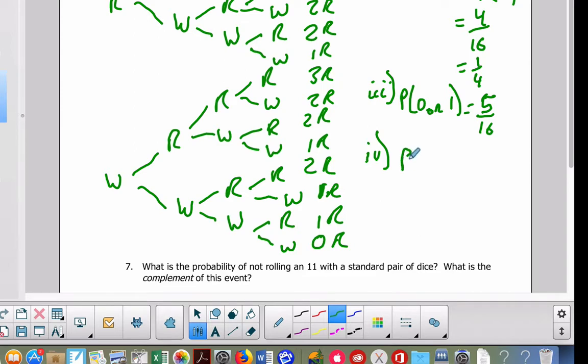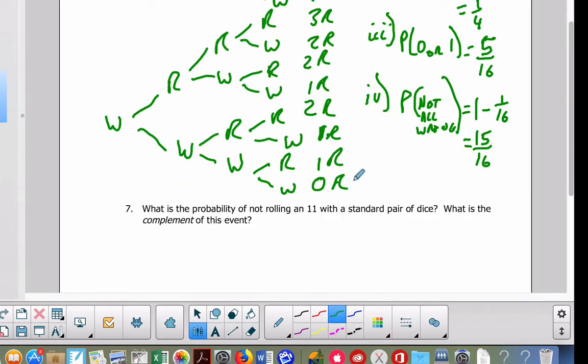So the probability of not all wrong will be equal to 1 minus the probability that you get them all wrong, which is 1 out of 16. And so that's going to be 15/16. In other words, there's only 1 way you can get all the questions wrong, and there are 15 other ways that you can get at least 1 answer right.